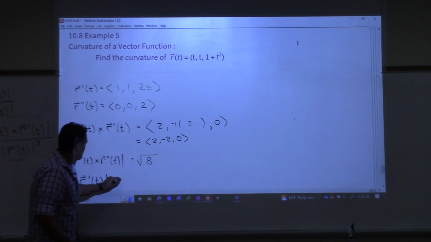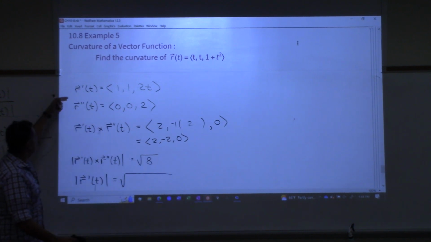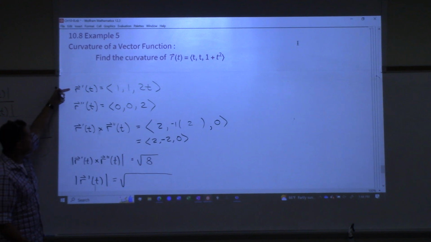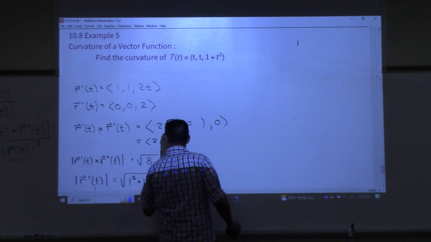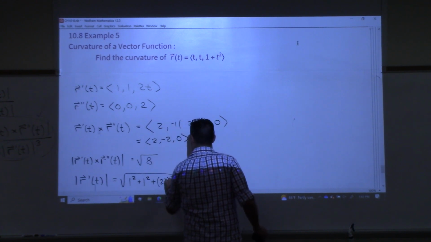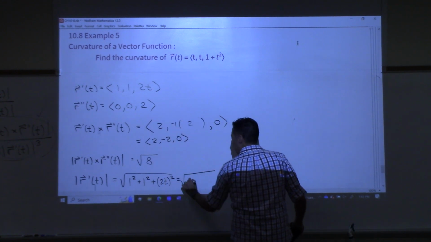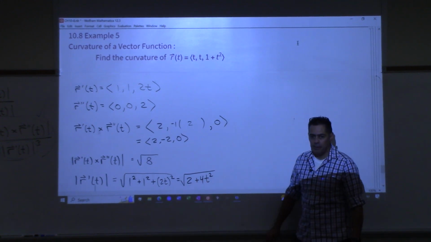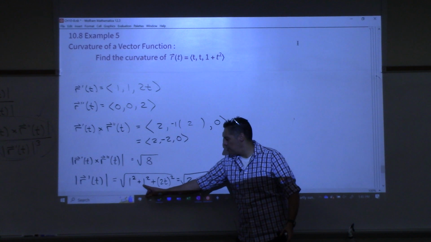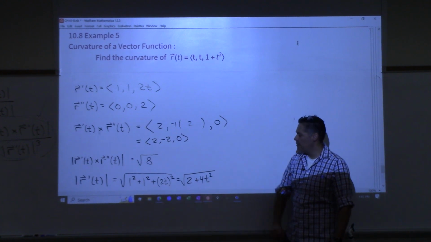The magnitude of the first derivative is going to be the square root of, okay, my first derivative is right there. So I'm going to do 1 squared plus 1 squared plus the quantity 2t, squared. You should get the square root of 2 plus 4t squared, right? 1 plus 1, that's 2, and then 2t squared is 4t squared.